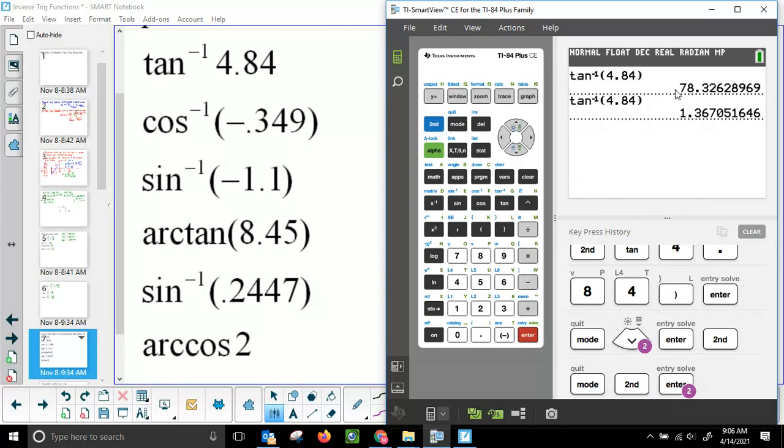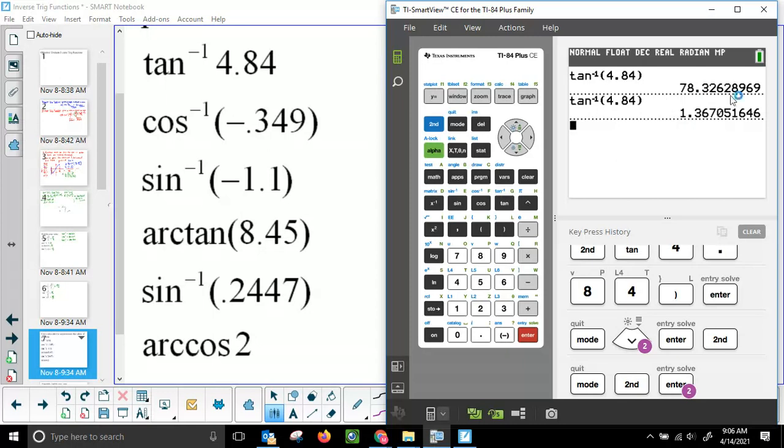Because for a lot of us, radians don't have a whole lot of meaning when they're not in terms of pi, right? Hopefully, from seeing the unit circle enough times, if I told you the angle was pi over 6, you'd say, okay, I kind of know how big that angle is. But 1.367, if I said draw me an angle of 1.367 radians, you'd say, I don't know.